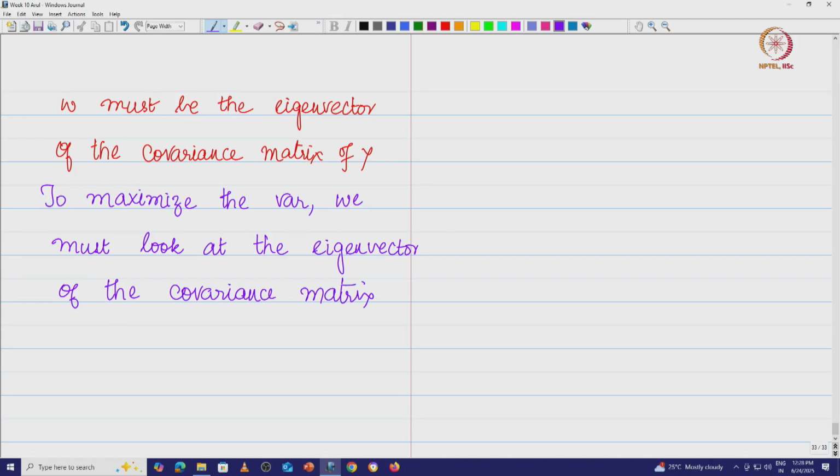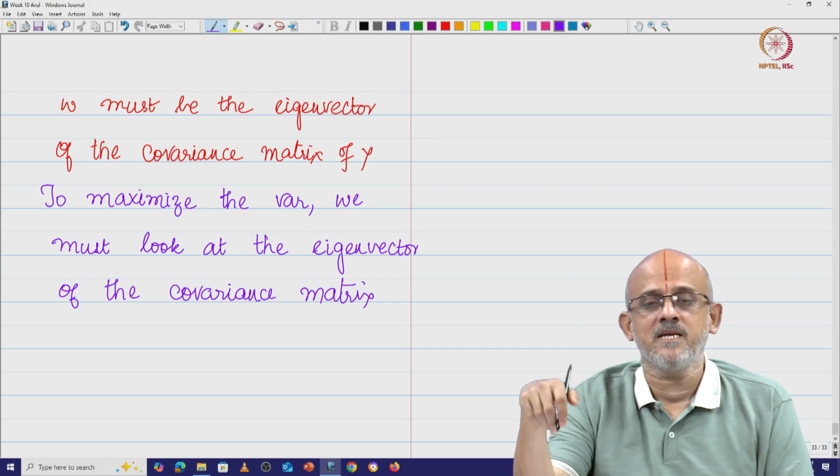But there is a problem here. What is the problem? You may have multiple eigen directions for different eigenvalues, I mean, you may have different eigenvectors. So, among all the eigenvectors, which is the one that I need to choose?